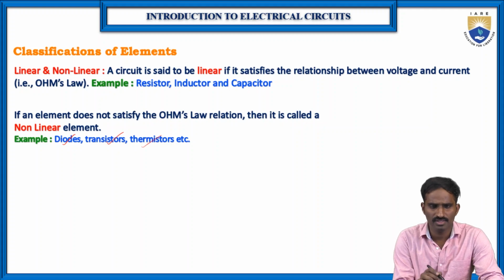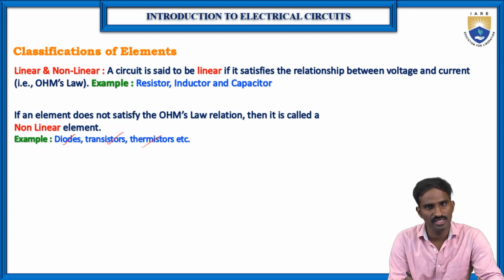The diode is a very familiar semiconductor device, and it does not satisfy Ohm's law. That's why these elements are called non-linear elements, which means the voltage is not directly proportional to the current in the case of a diode. So that's why these are non-linear elements.